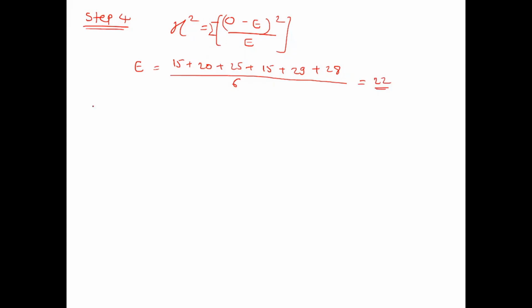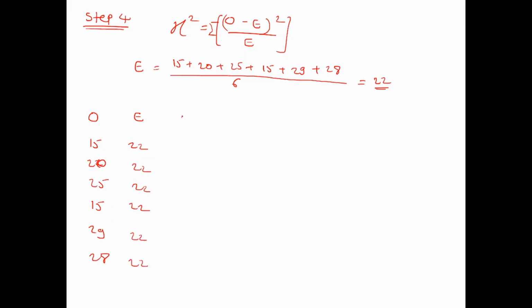Now to calculate this value, we prepare a table. The observed values are 15, 22, 15, 20, 25, 15, 29 and 28. Then the expected values are 22 for each one of these.